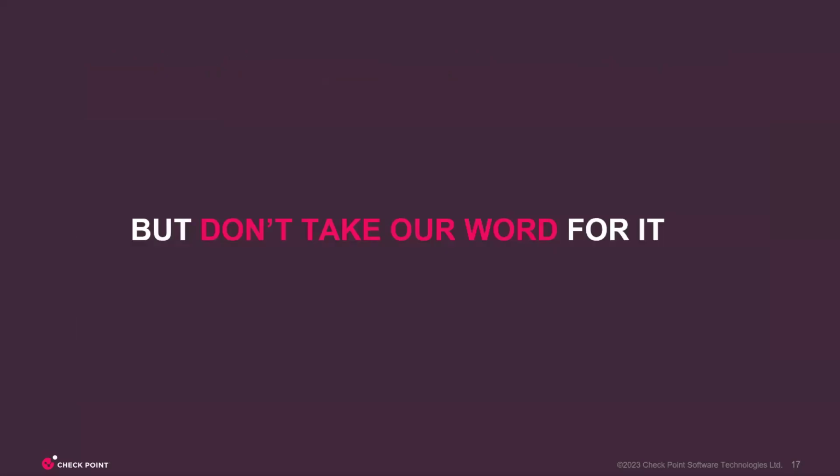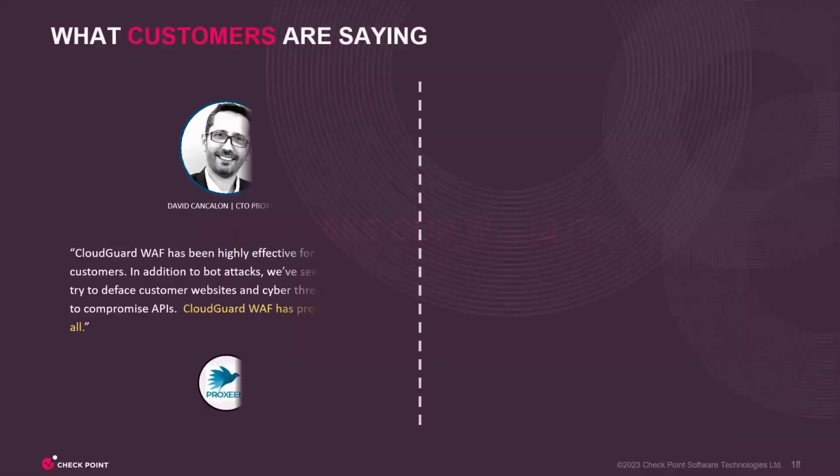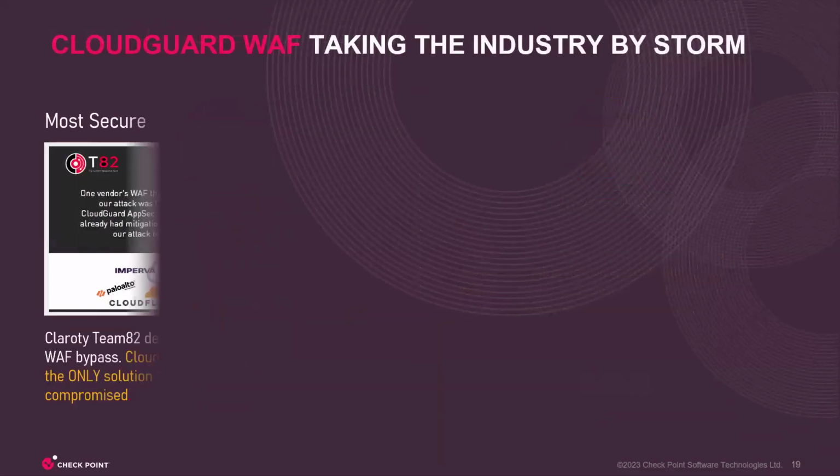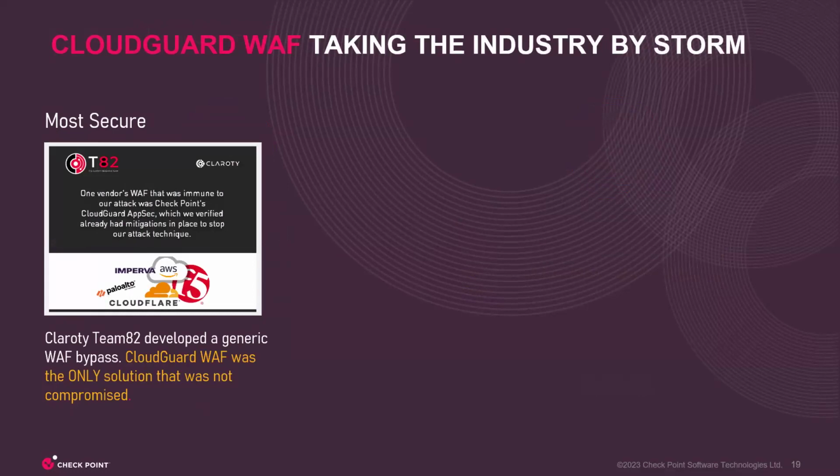The good news is you don't have to take our word for it. There are many customers that we have, just some examples, that are using our technology and seeing the benefits. And then also, the Clarity Team 82 did a great article around a generic WAF bypass.